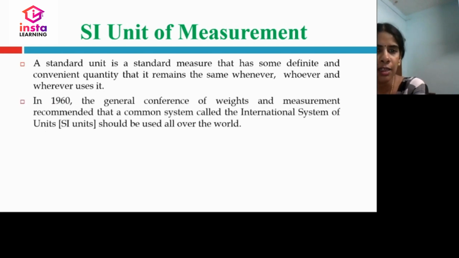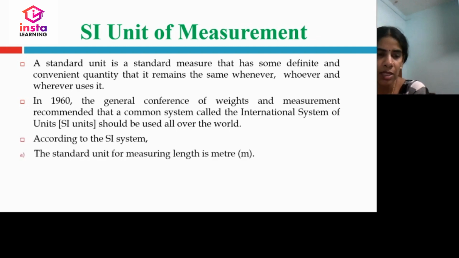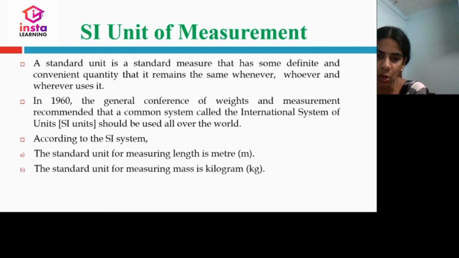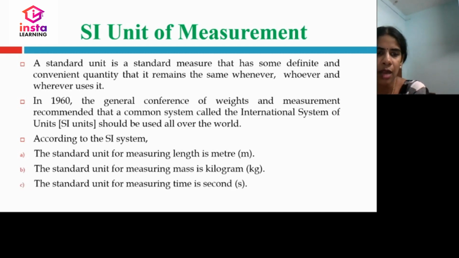In 1960, the General Conference on Weights and Measures recommended a common system called the International System of Units, that is SI units, should be used all over the world. According to this system, the standard unit for measuring length is meter, for mass is kilogram, and for time is second.